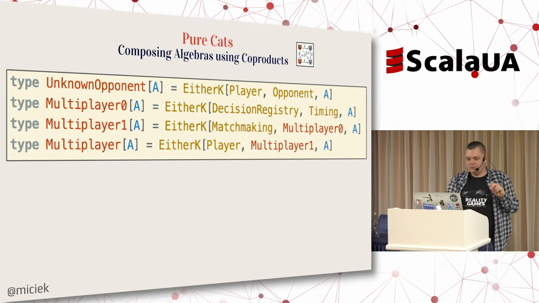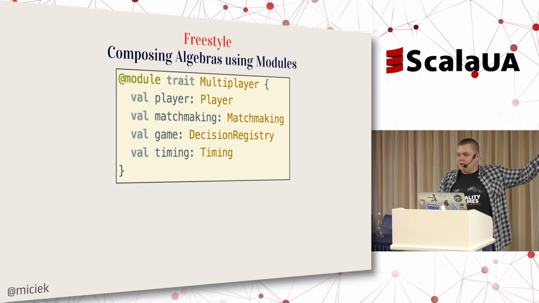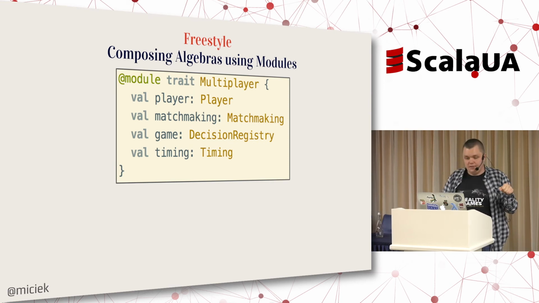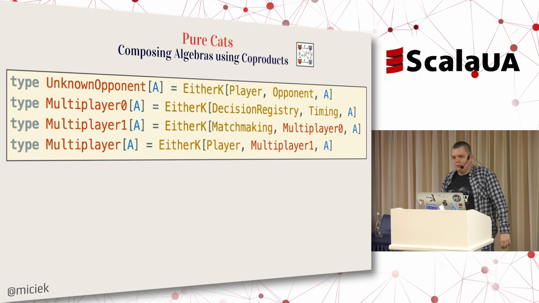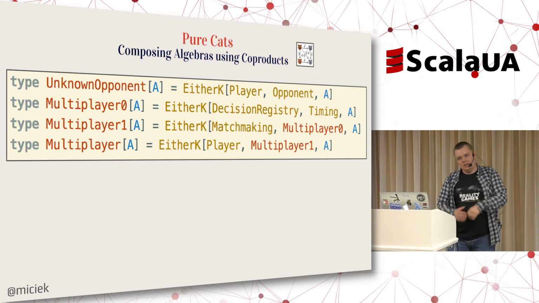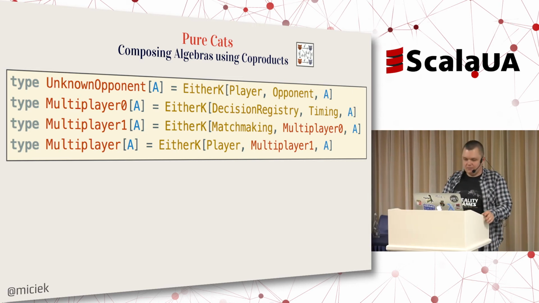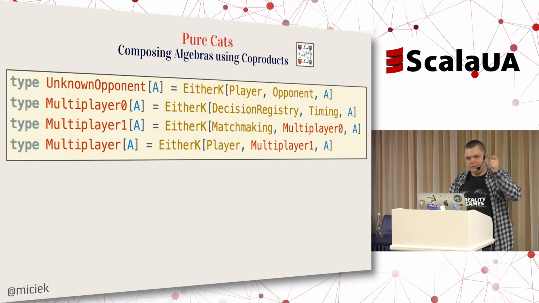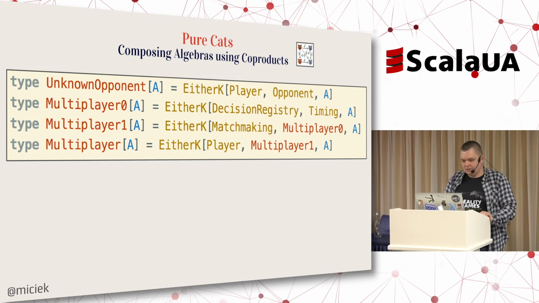In the freestyle approach, you don't care about the order of those 4 things. In free, you need to care about that, because the compiler will be very unhappy when you miss some of those orders, and of course the compilation message will not help you, as you probably know. So in this case, you don't care about it. In this case, it can be a very problematic way if you start composing those things. So this is a free in Cats.